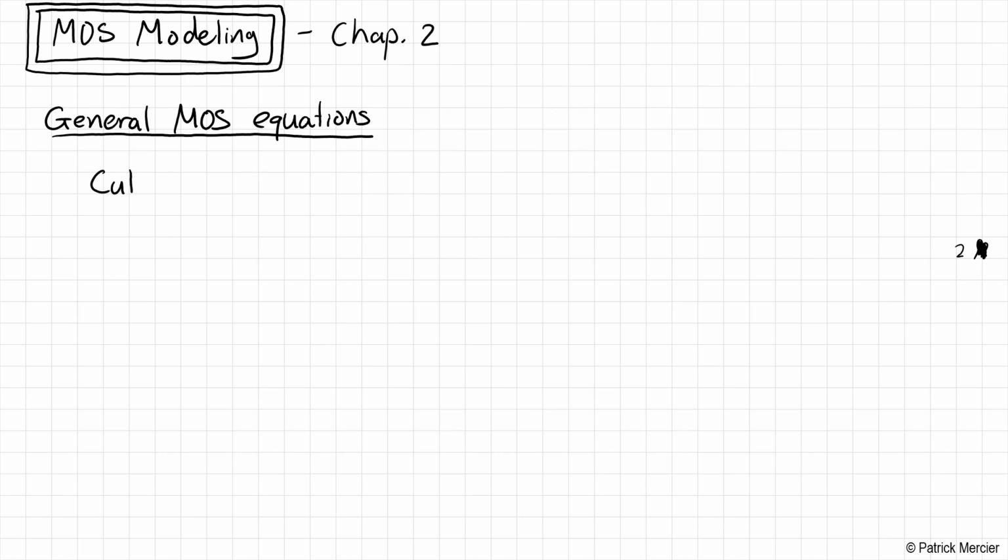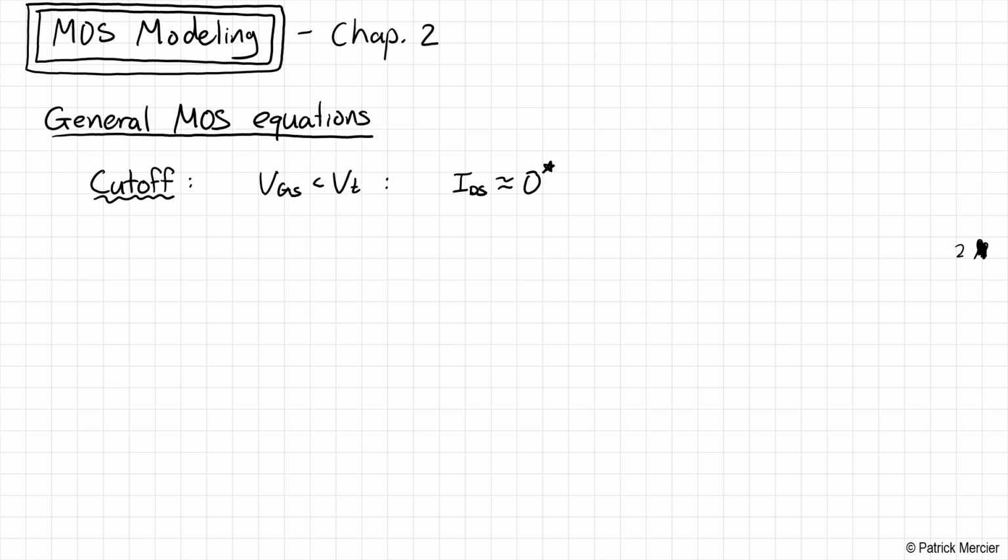There are multiple regions of operation for MOSFET transistors, as we know. One of the regions of operation is called the cutoff regime. This is when the gate to source voltage, VGS, is less than the threshold voltage. In this region of operation, we say that IDS, or the drain to source current, is approximately equal to 0.